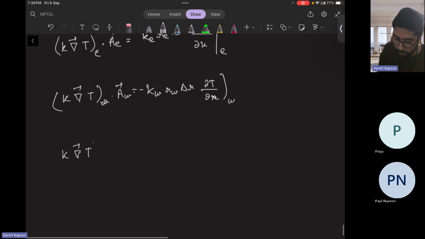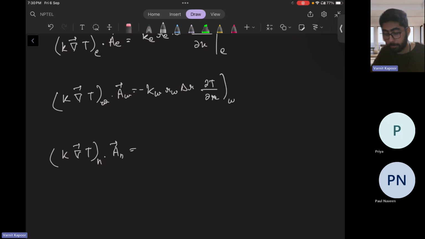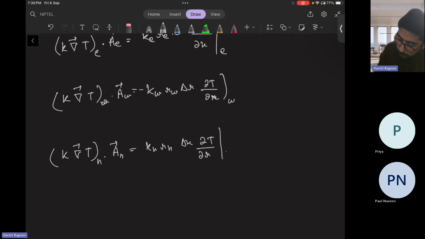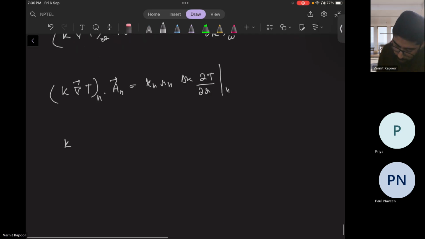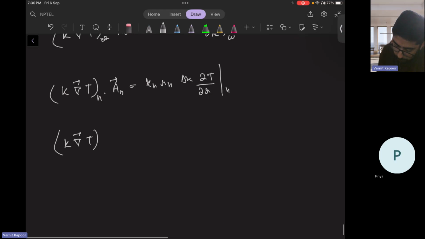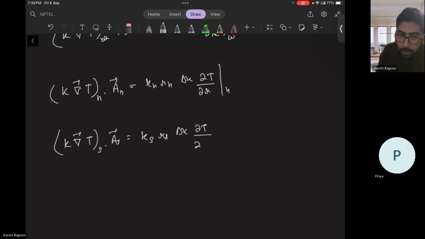K grad T of north dot A north: the contribution will come from the R term, so that will be Kn Rn del X dou T by dou R of north. K grad T of south dot A south will be Ks Rs del X dou T by dou R of south.